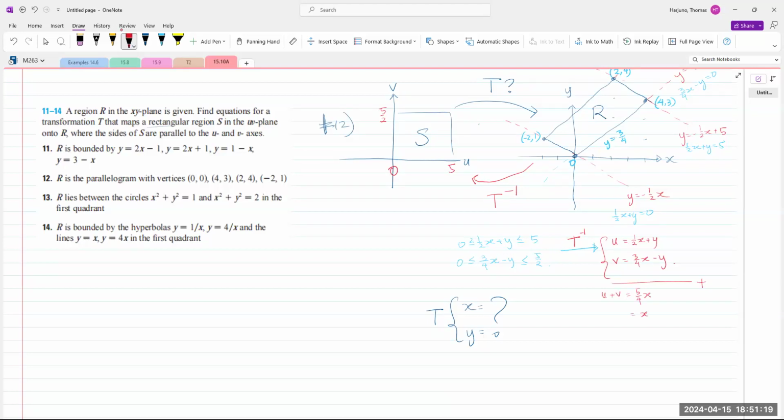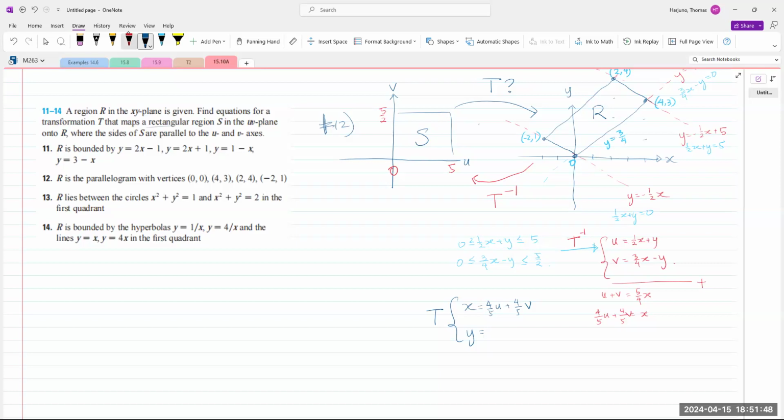So x is 4/5 u plus 4/5 v, right? Now, if I need to solve for y, then I plug that x into either one of them.